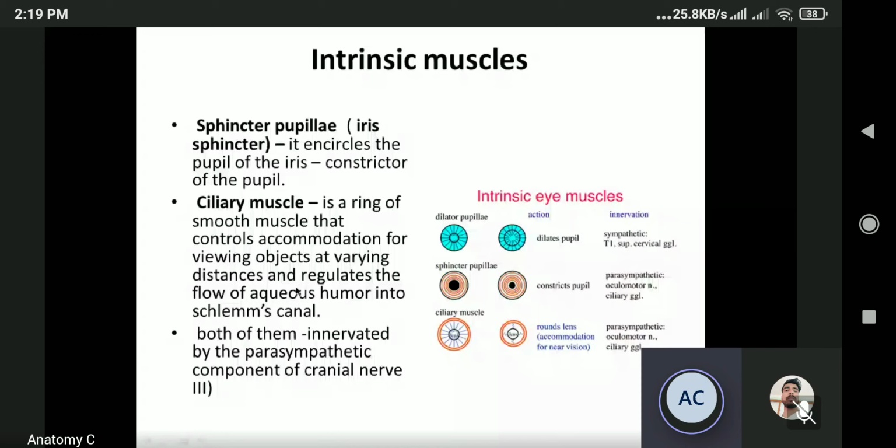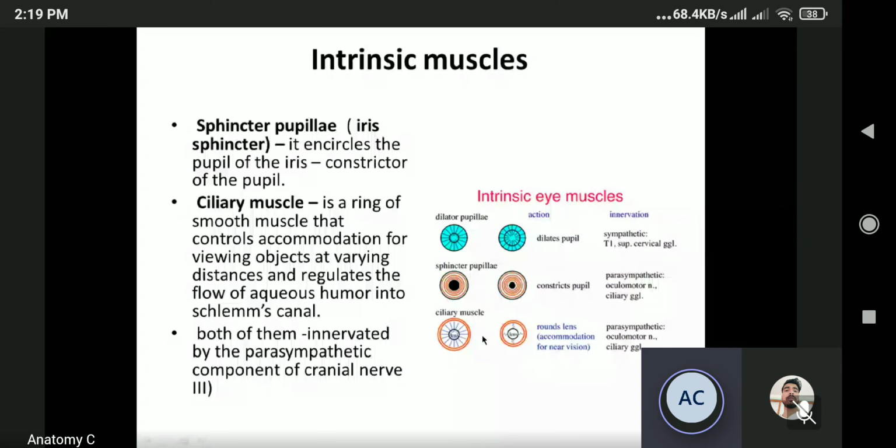So when you study the eyeball, you will understand this. Just remember it helps in accommodation reflex, and it regulates the flow of aqueous humor. Now both of them are innervated by the parasympathetic component of cranial nerve 3.